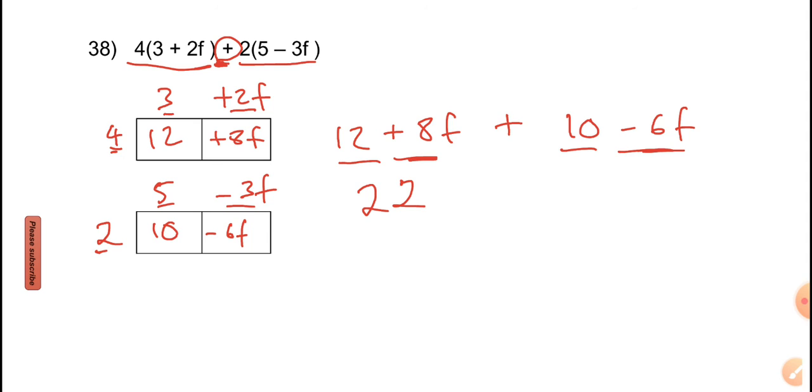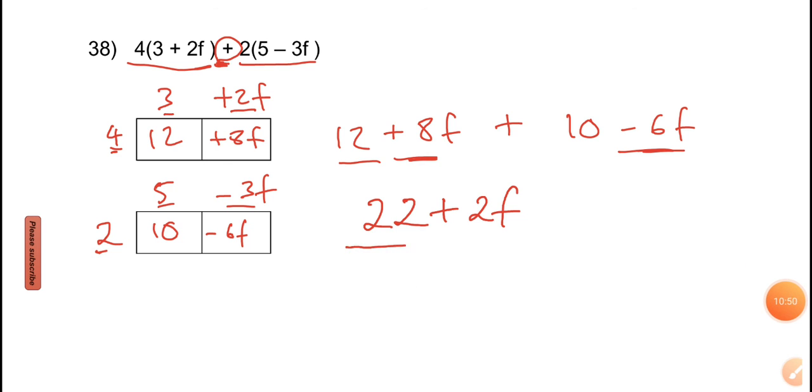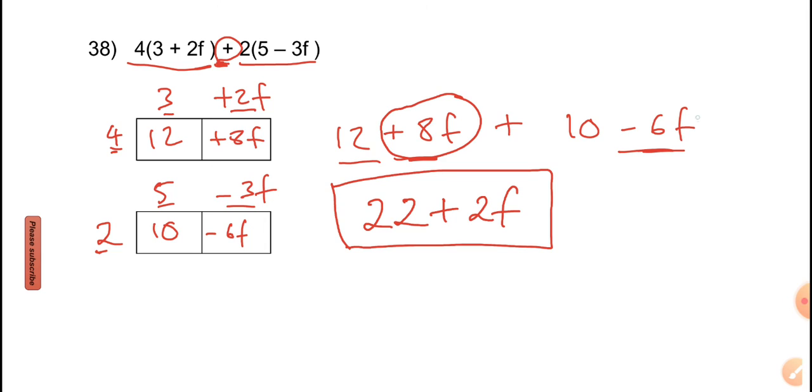So if we have 8 lots of f take away 6 lots of f, we'll have 2 lots of f, so just plus 2f. So 22 plus 2f is the final answer. Remember, we had plus 8f take away 6f, so we had positive 2f left. So the final answer was 22 plus 2f.